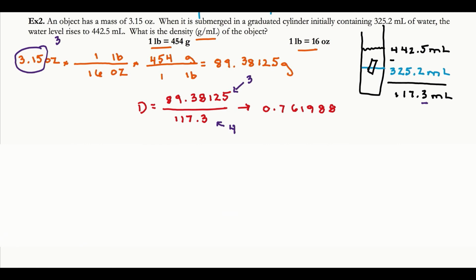You have to keep in mind what the number of sig figs should be, but not round it until the very end. I know we'll struggle with it a little bit, but I'll make sure to ask questions if it doesn't make sense to you. So I need to round my final answer to 3 sig figs. So what I get is 0.762, and my units are grams per mL.